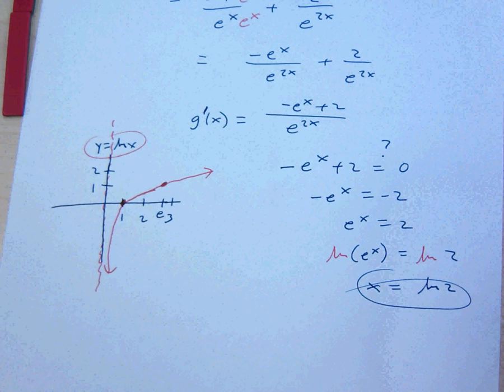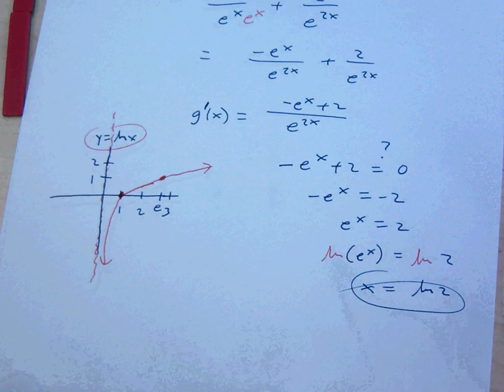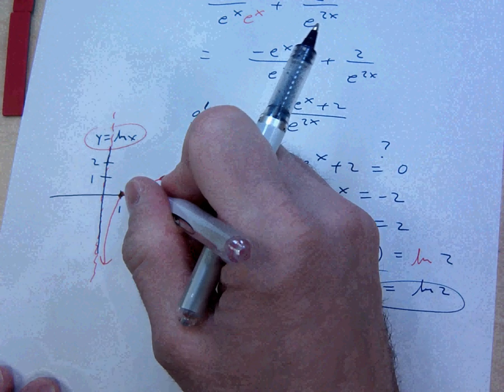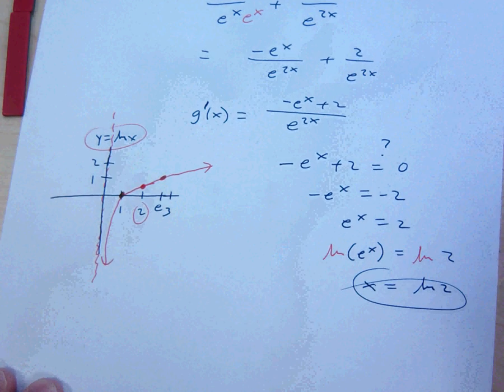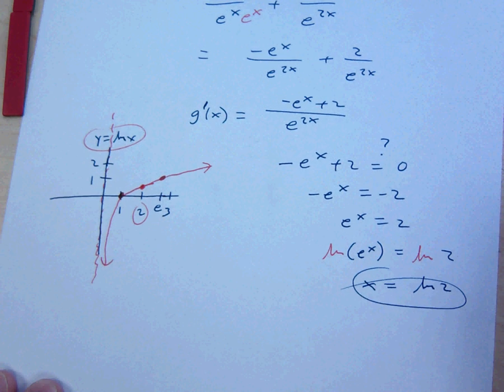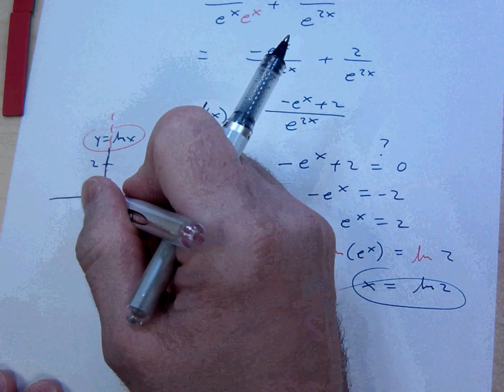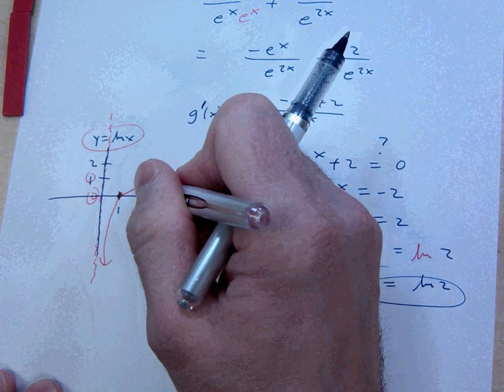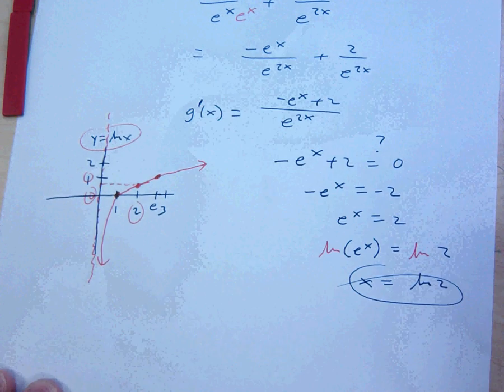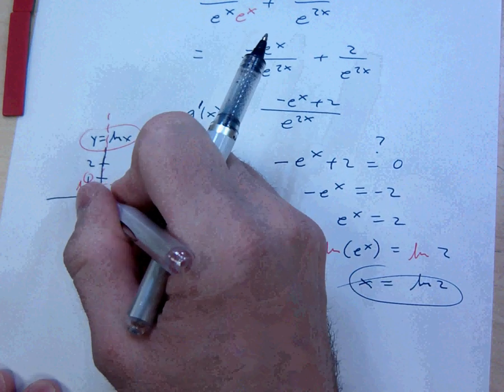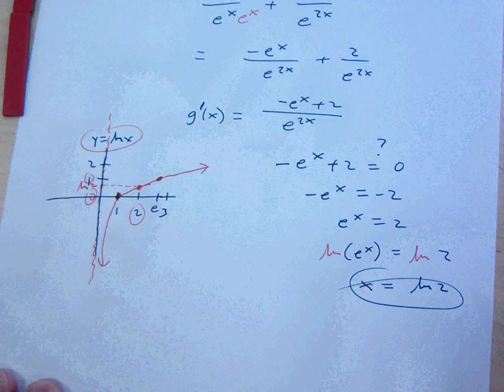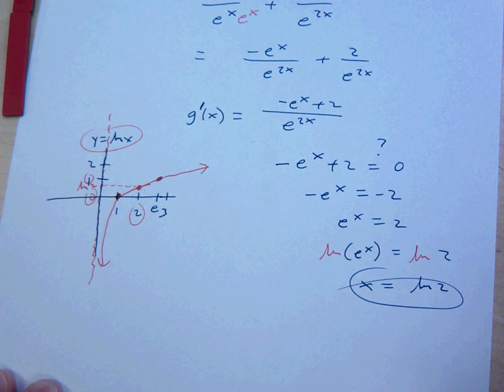So what do you think? ln of 2. Is that going to be between my interval, which is what? What's my interval? 0 to 1. Well, isn't this 0 and isn't this 1? So isn't that y value right there somewhere between 0 and 1? Isn't that ln of 2 right there? Do you agree that ln of 2 is somewhere between 0 and 1, so it is on my interval? Following me?